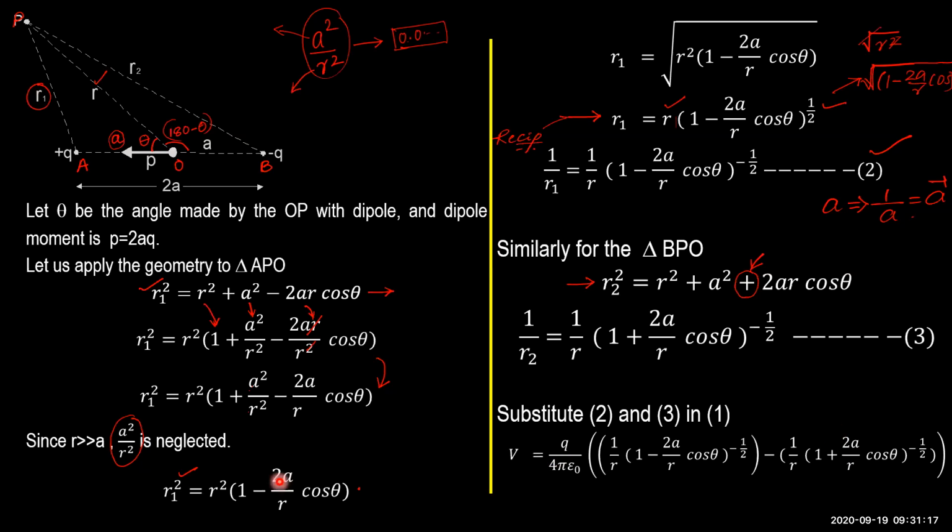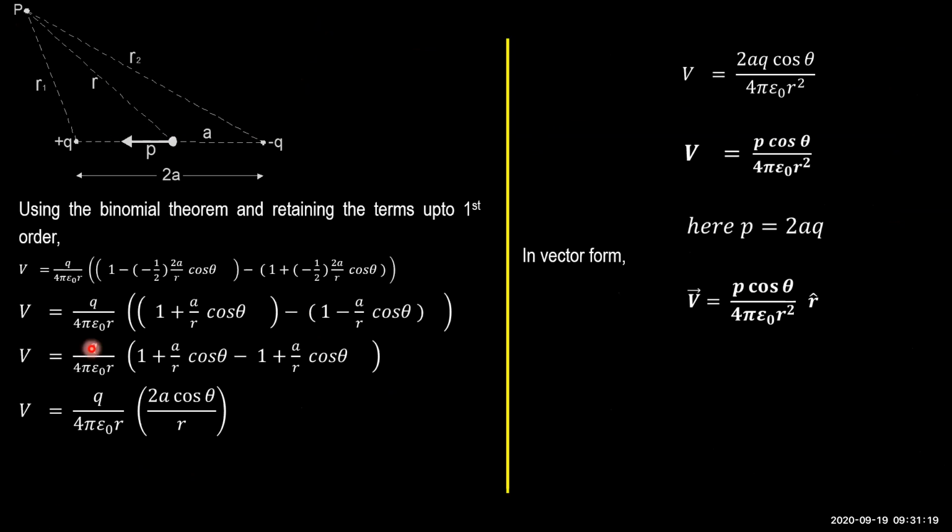The major change is in the next step: 1 by r is taken as common, and the second major step is retaining only the first order of the binomial expansion. Hence this minus 1 by 2 will be multiplied with cos theta, and in the second term also minus 1 by 2 is multiplied. Whatever the power is, that power will be multiplied.